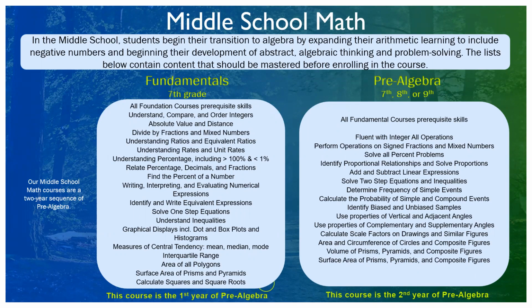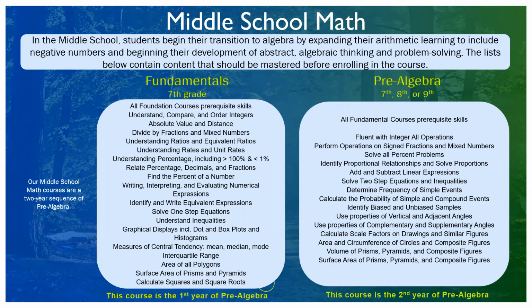In their second year, they venture a little further into algebra. They'll still be working on their arithmetic skills, but it's mostly expected by the second year that arithmetic is a pretty strong part of their foundation. And so they're able to now focus more on studying equations and solving equations in that second year.